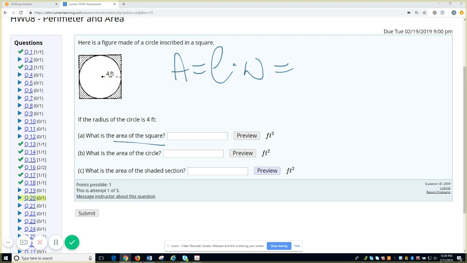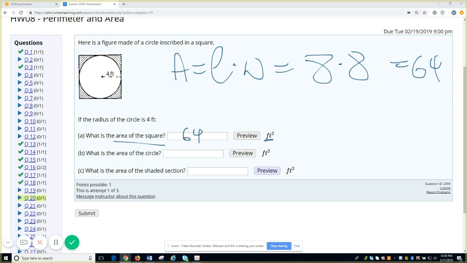But then the diameter of the circle also corresponds to the width, or just the side length of the square. So the area is going to be 8 times 8, because again, 2 radiuses give you the diameter, and the diameter is the same thing as the side length of the square. So the area of the square is 64 feet squared.